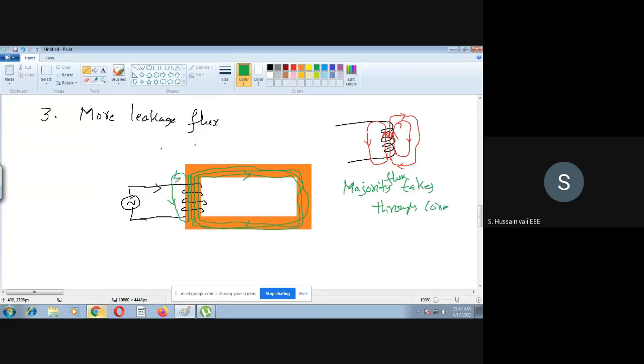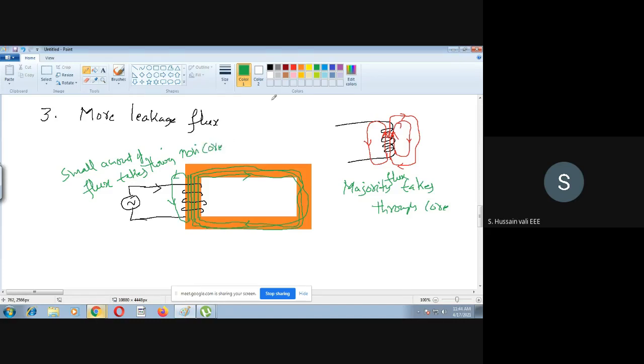Whereas a small amount of flux takes a path through non-core path.